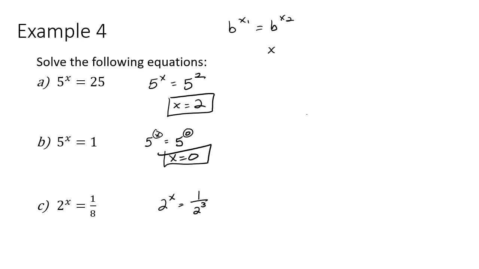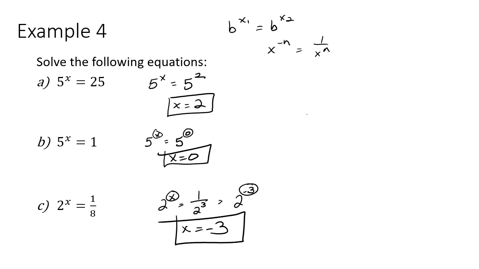Normally, if we have a negative exponent, we bring it down into the denominator to make it positive. But you can also use this property in reverse. So 1 over 2 cubed would be the same as 2 to the negative 3rd power. And so in this case, the power of 2 that would give you 1/8, by setting the exponents equal to each other, we get x is equal to -3.